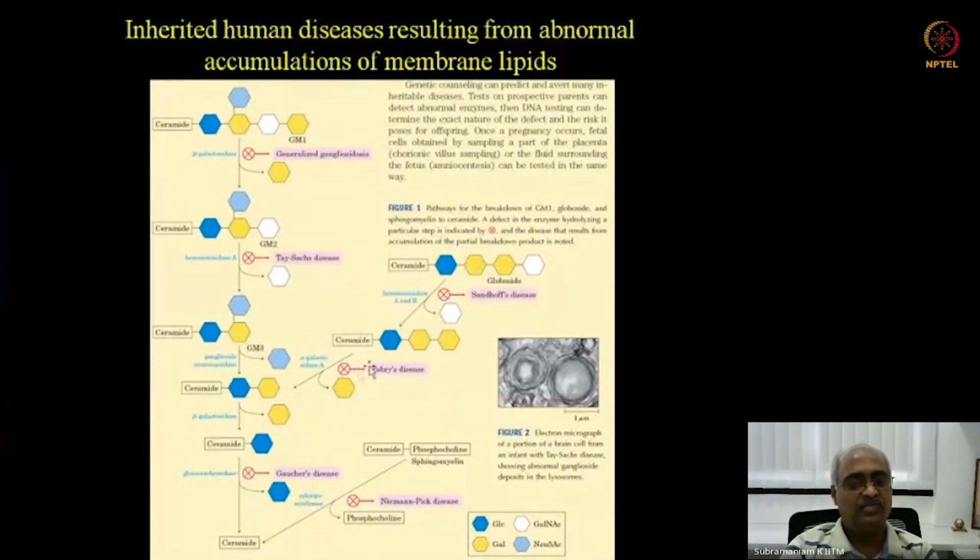Okay. So the main point here is there are many inborn errors in metabolism, meaning genetic mutations. They are there from birth itself, and they cause problems in lipid metabolism, leading to human diseases. So these are in general called inborn errors in metabolism, meaning they are already there when you are born.